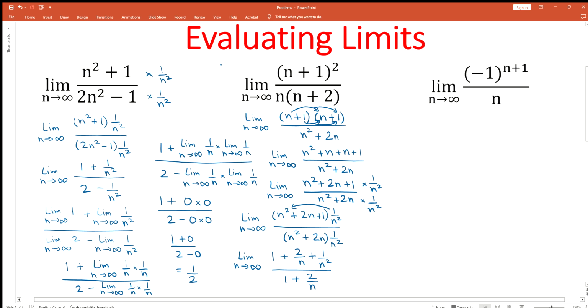Now we can use the algebraic laws of limits to apply the limit to each term in this expression.